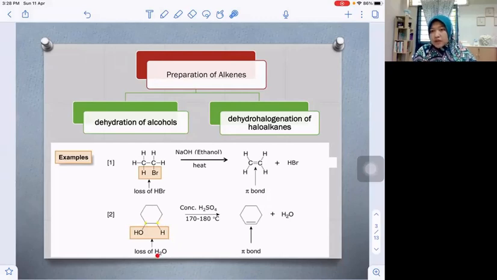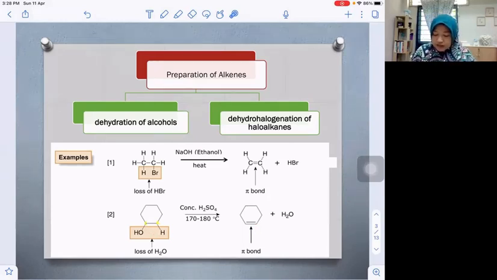This is what we call the dehydration reaction, in which the starting material loses its hydroxyl and H, forming a double bond. So we start to have an alkene. In this case, cyclohexanol turns to cyclohexene.